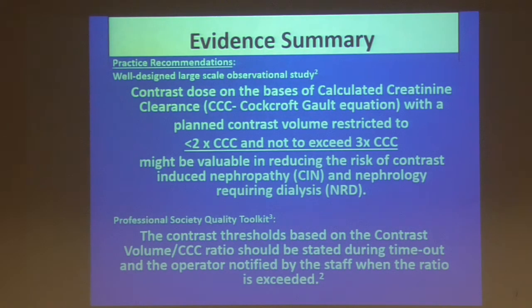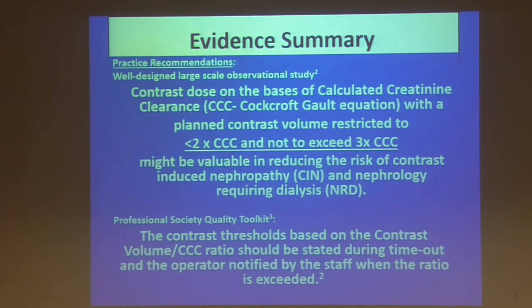And the recommendations from that study, and this was again a well-designed, large-scale observational study, originated by the University of Michigan in a statewide Michigan Blue Cross collaborative, so a large volume of patients in many different institutions.